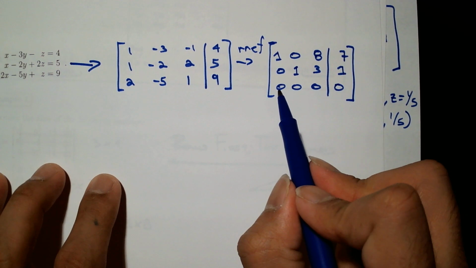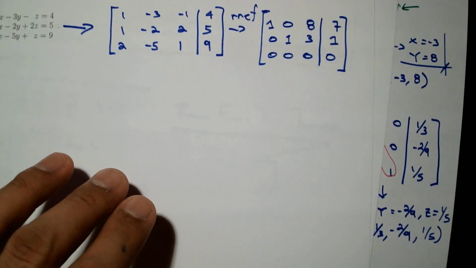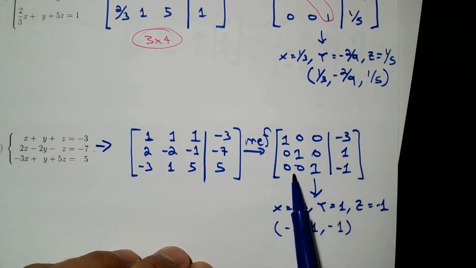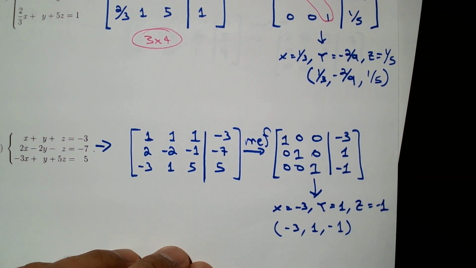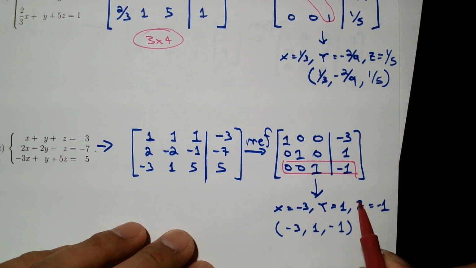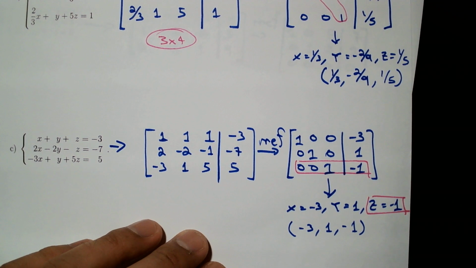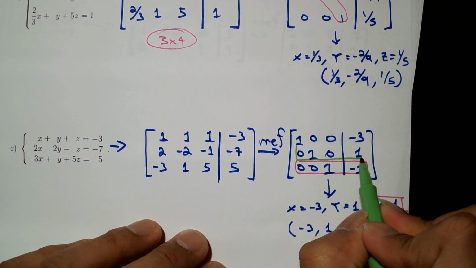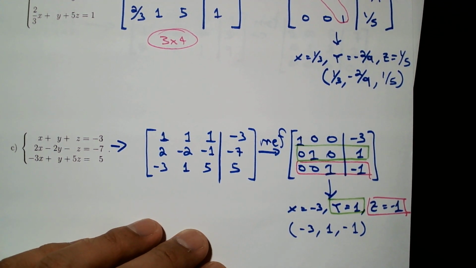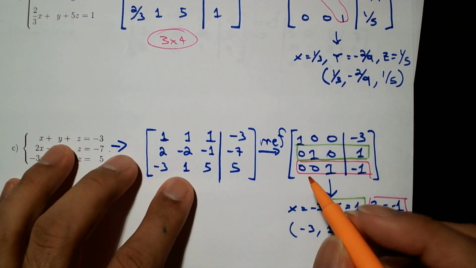Well, notice that if we go back to the other systems of equations that we did on the previous pages, the last row decodes the z's. The second row decodes the y's. And I need a different color here, orange.